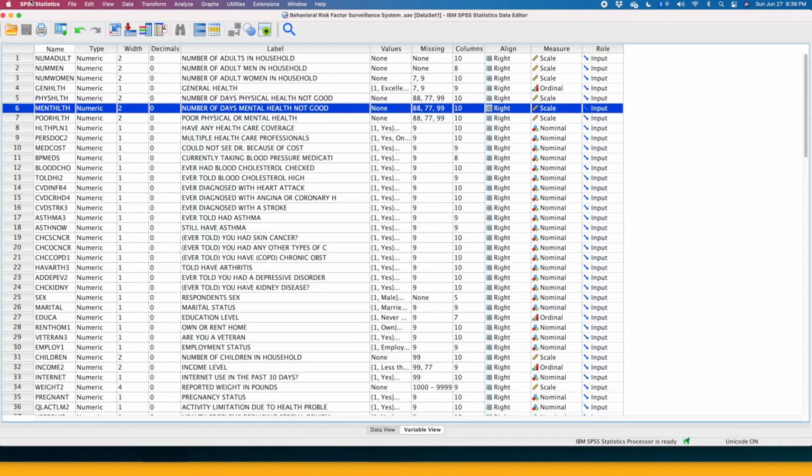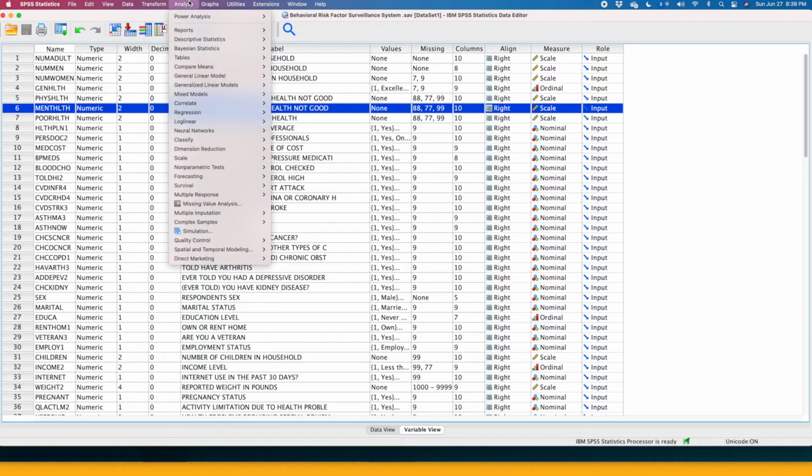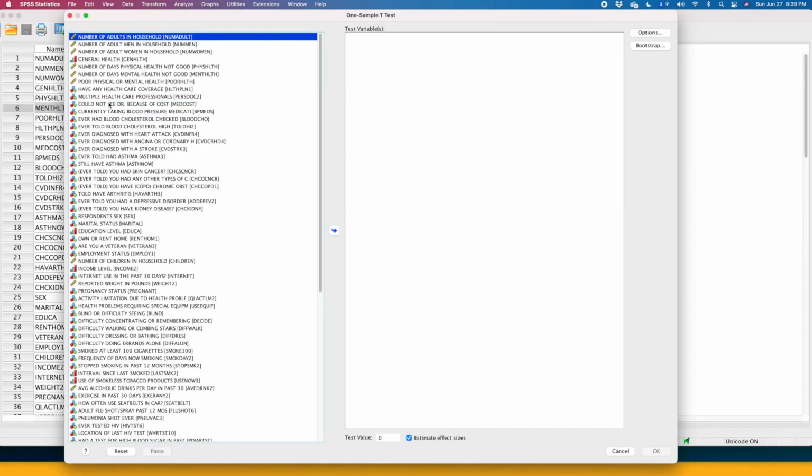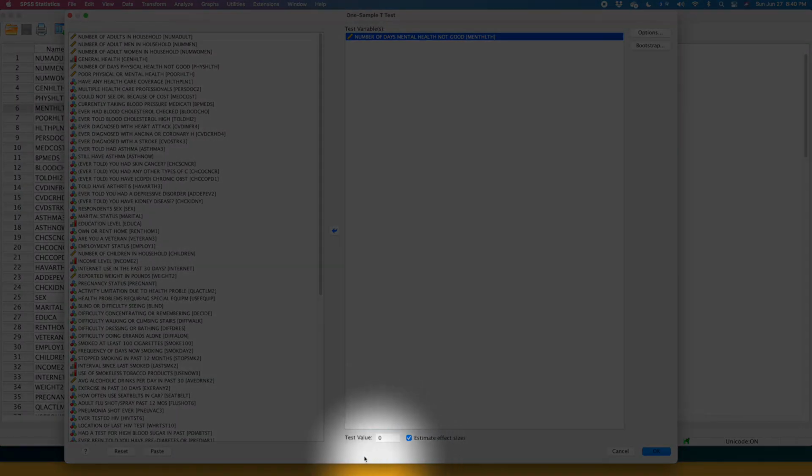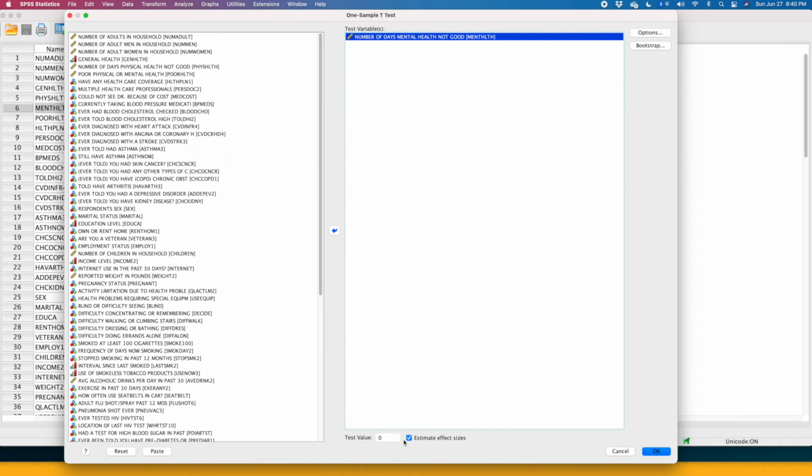So I can run this test here. I'm going to click on Analyze, Compare Means. That's where all the t-tests live because they're all compare means tests. Our one sample test is here. I'm going to bring our variable over. And it's rather important to look at the bottom here because this is where you enter the test value. In my experience, this is the most made mistake when students run a one sample t-test.